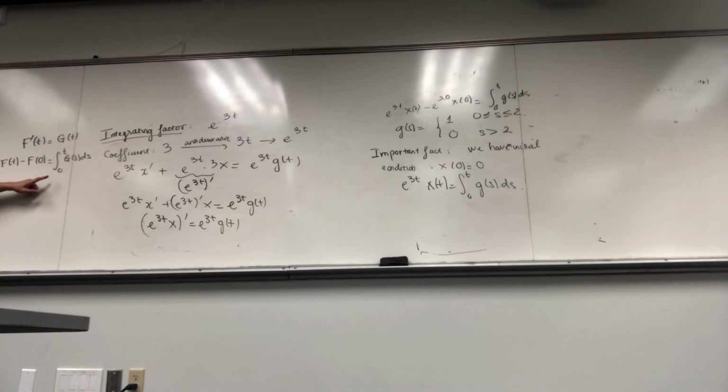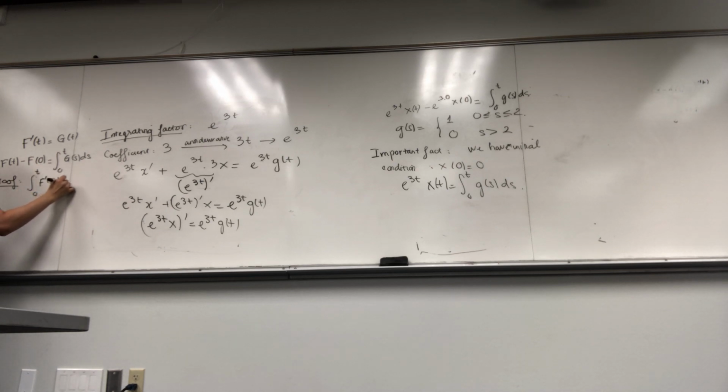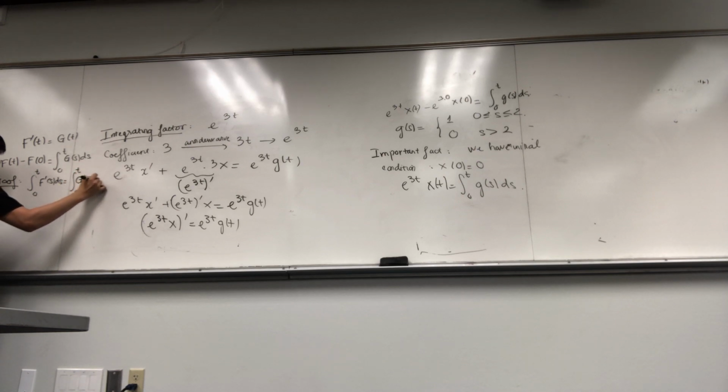This is the formula that I use. To prove this, you integrate from 0 to t of f prime of s ds, and this is going to be the integral from 0 to t of g(s) ds.